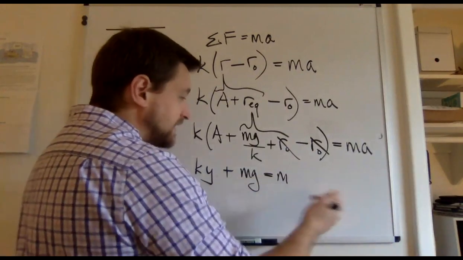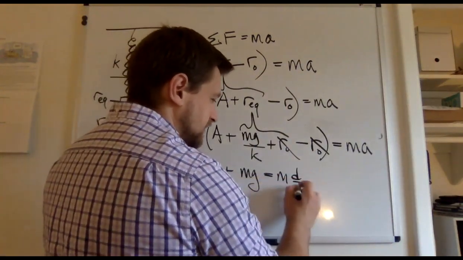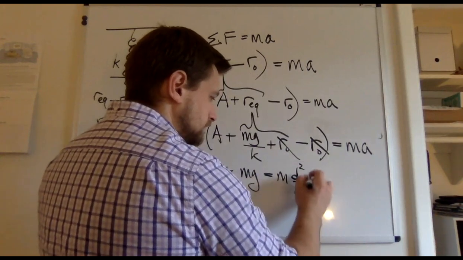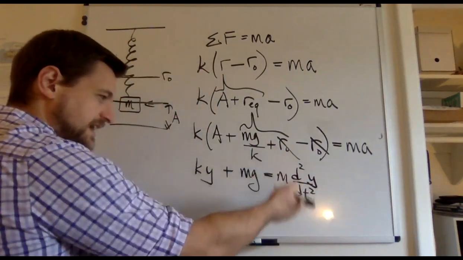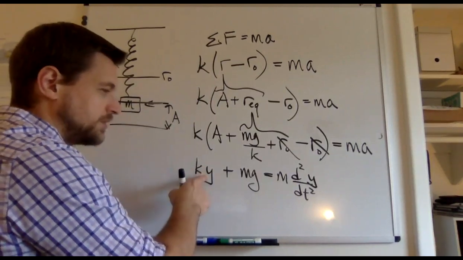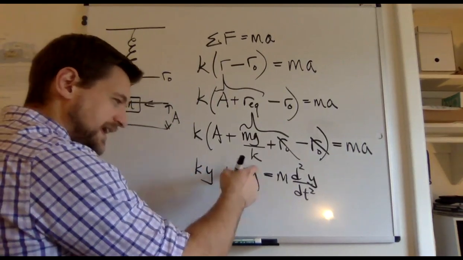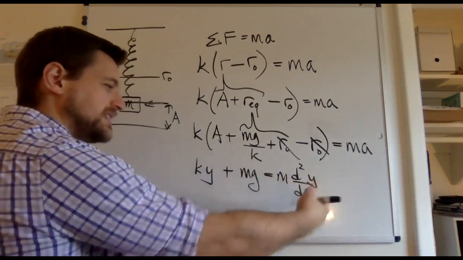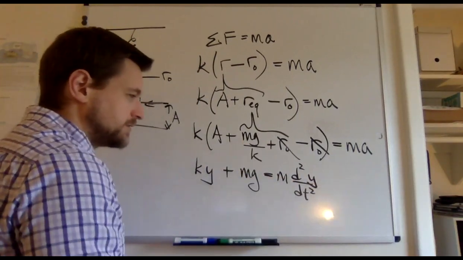So if we write it in derivatives, it's the second derivative of the position, and now we've got our y coordinate equated to its own second derivative.